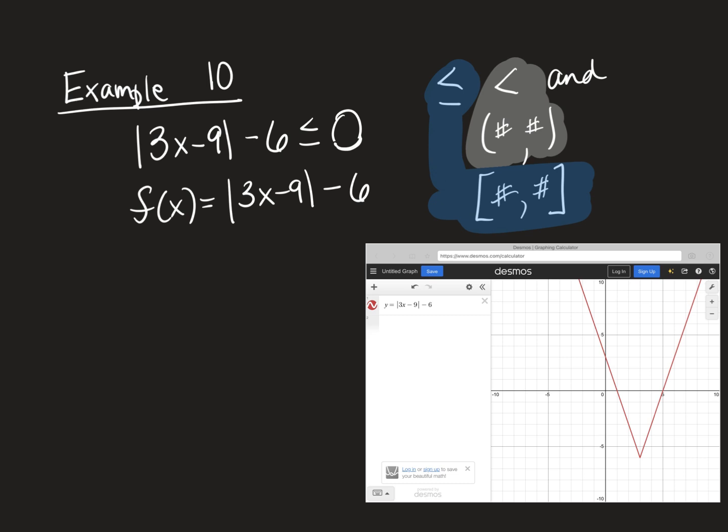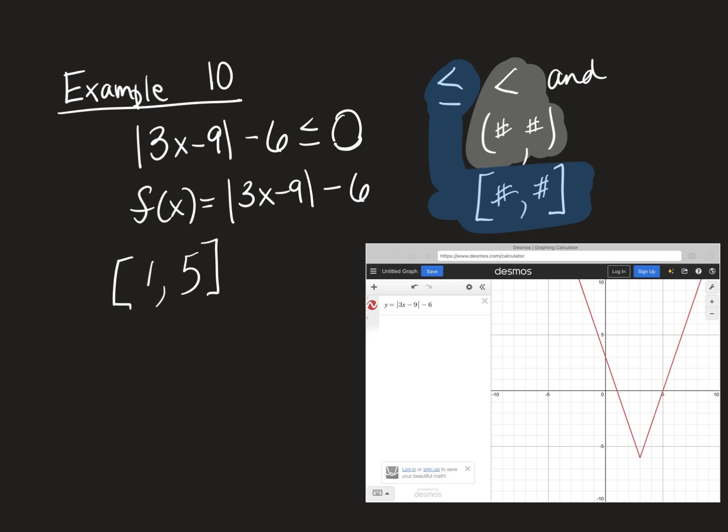So as I look at that, my answer is going to be like the blue. Again, the solutions are where the graph crosses or touches the x-axis. So my graph crosses at 1 and 5. And since it's less than or equal to, my answer will be bracket 1, comma 5, close the bracket.